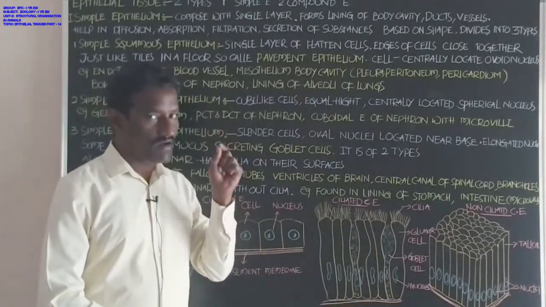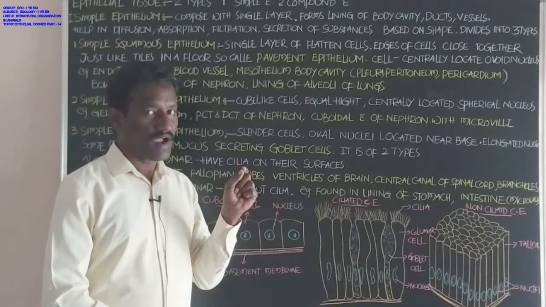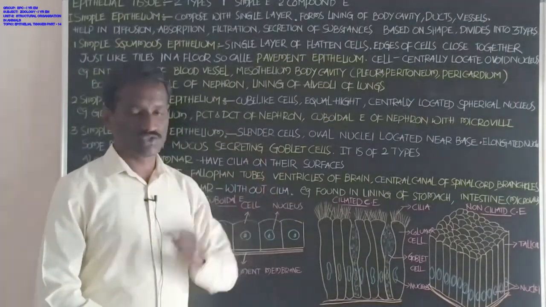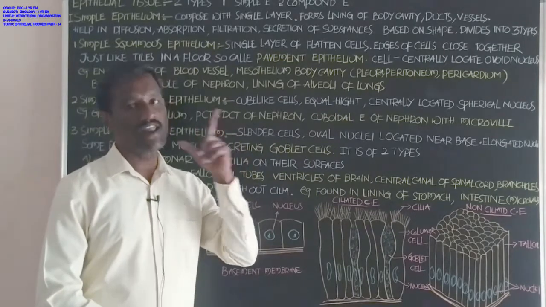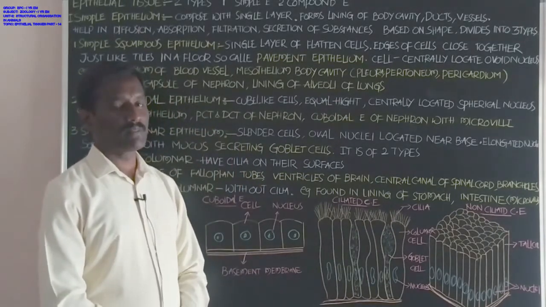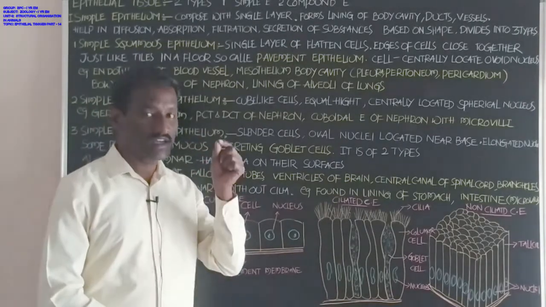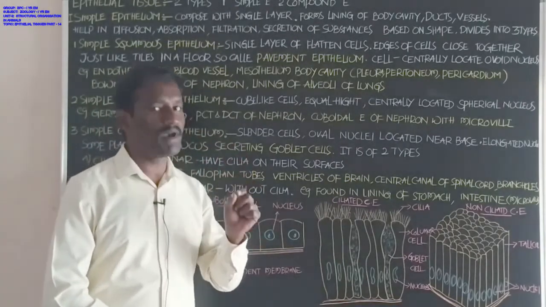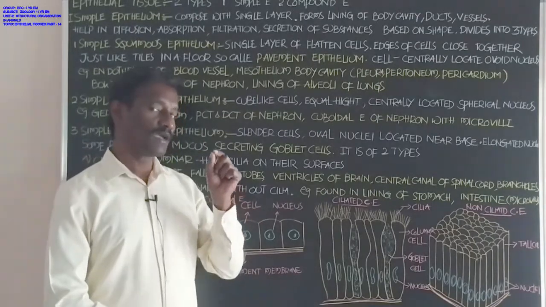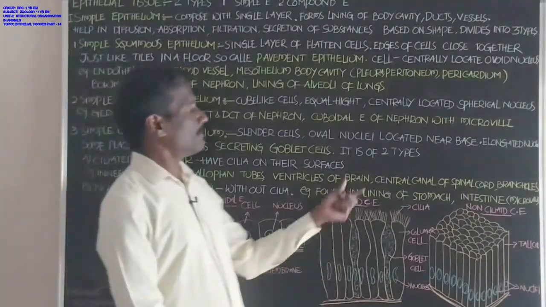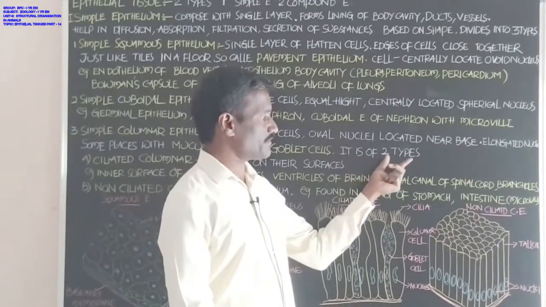This gelatinous substance coats the surface of the cell layer. Mucus is the gelatinous substance secreted by the goblet cells present in the epithelial tissue.